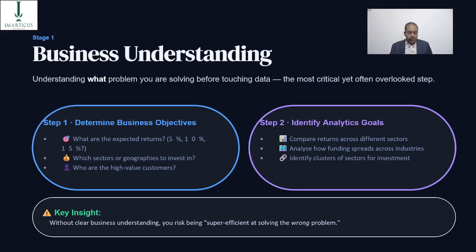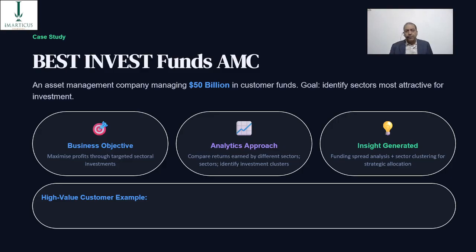Let us consider, for example, an asset management company like Best Invest Funds, which is currently managing funds worth $50 billion of customers. What is the primary objective of this particular AMC?